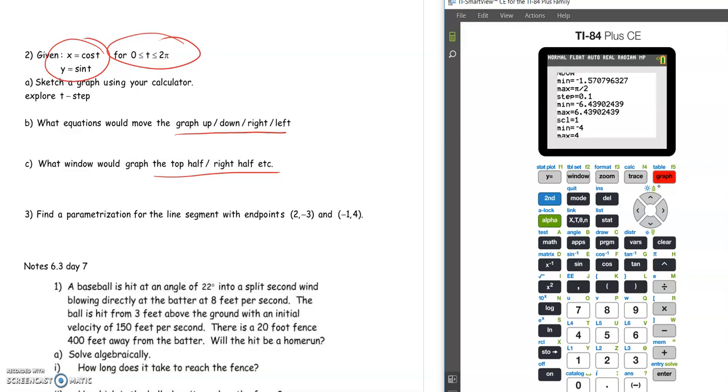I'm going to hit graph, look at the graph now. Notice it's just the right half of the circle.